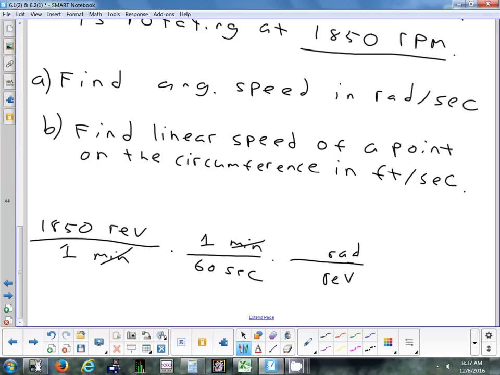What's the connection between degrees and revolutions? Yeah, there's 360 degrees in one revolution. So now tell me that same fact, but just tell it to me in radians. Convert 360 degrees to radians. Yeah, 2 pi radians in 1 revolution.